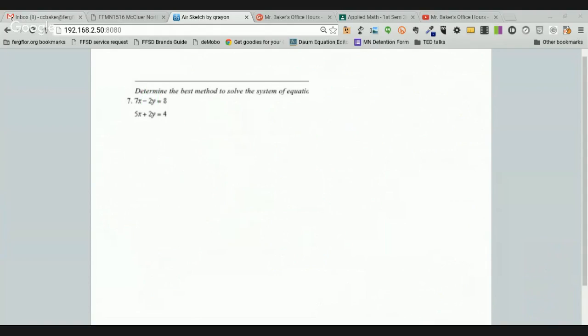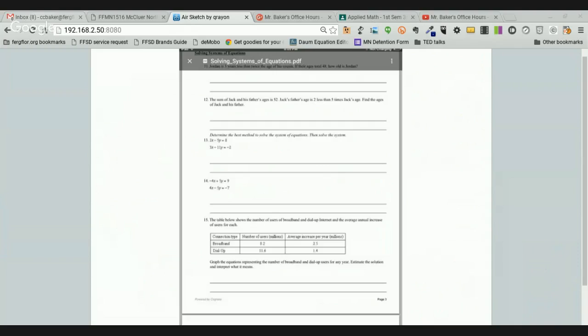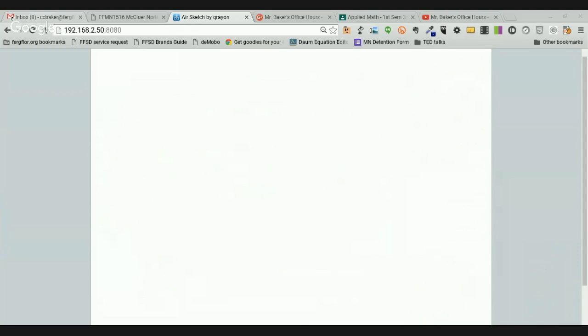Okay, now let's get a substitution. Then we'll wrap up with one more little chart. I can't seem to find one.